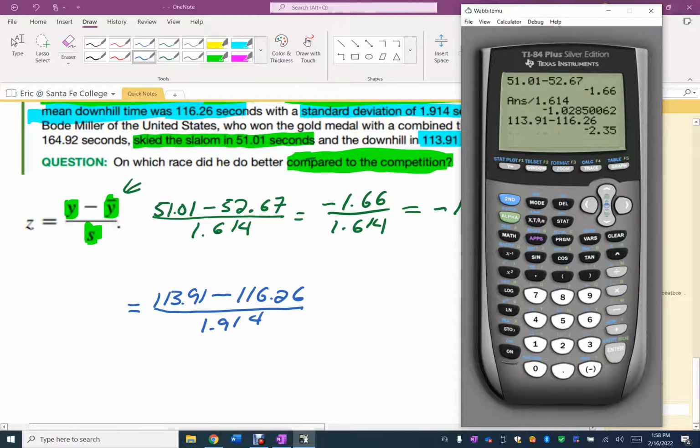And this is my numerator. Notice it's negative because he's still doing better than the average person in this particular race. And I'm going to round this again to the thousandths place, which would be negative 1.228.